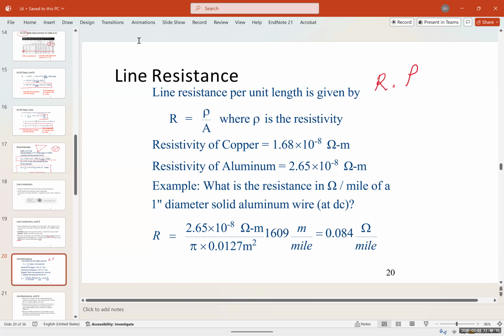It's rho L over A. So for a circular conductor, this is A, rho is the material resistivity, copper is lower, aluminum is higher, and L is the length. Now, why doesn't this have L? Okay, perfect, because it's per unit. So we want to find it per unit length. That's the reason we eliminate L.